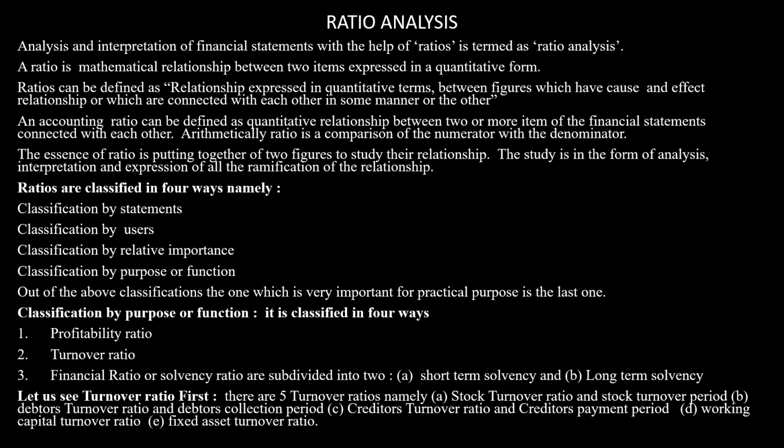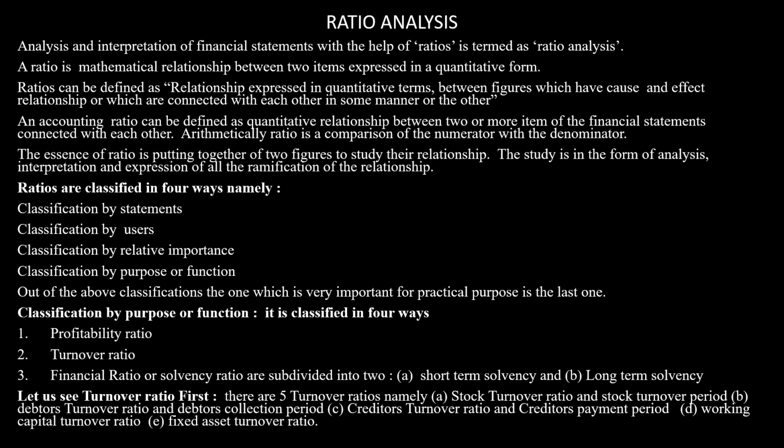Next, what is the essence of this? The essence of ratio is putting together two figures to study the relationship. The study is in the form of analysis, interpretation, and expression of all the ramifications of the relationship. Now we'll see the ways ratios are classified.